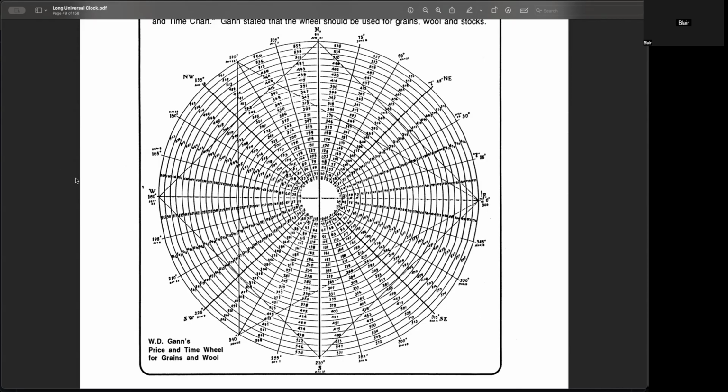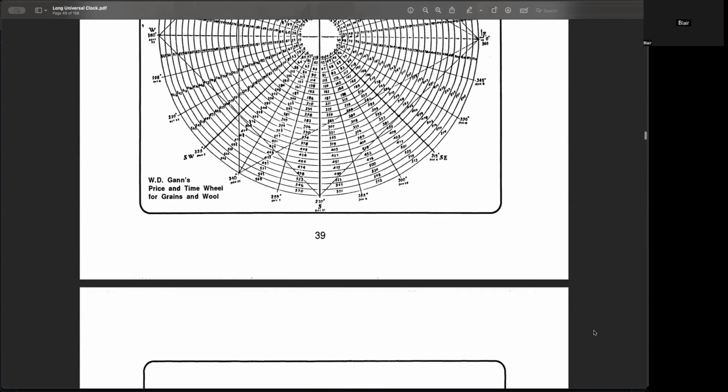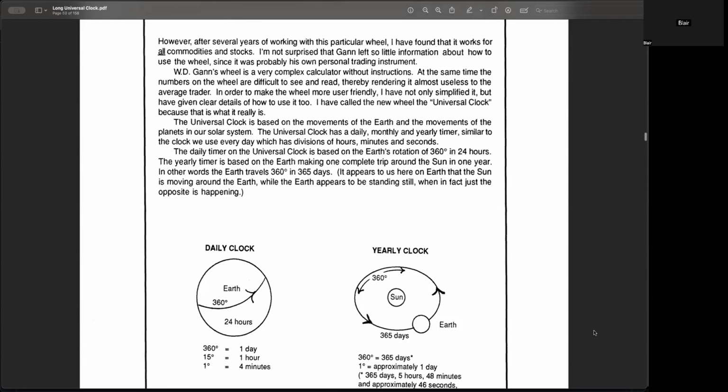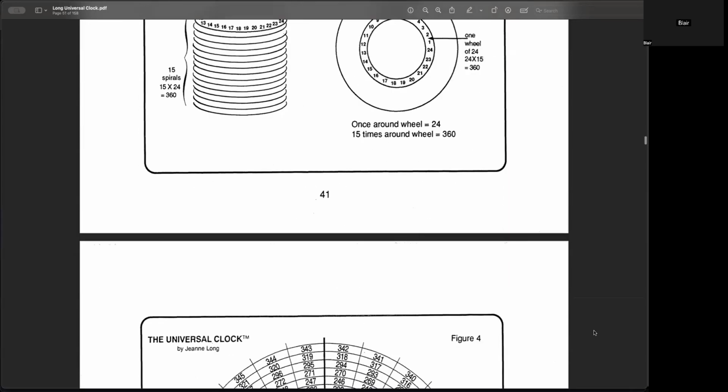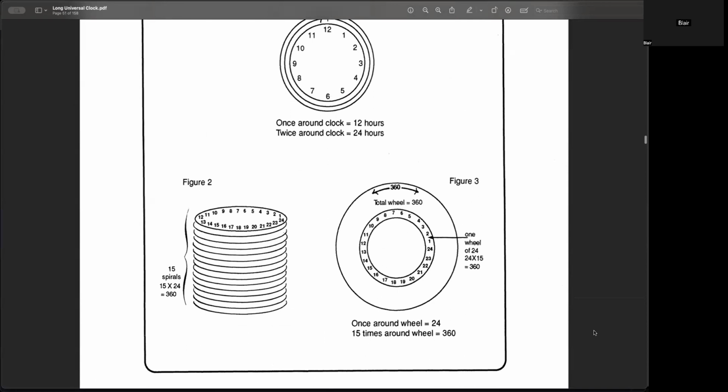So this is a screenshot of Gann's original price and time wheel for grains and wool. And it's very difficult to read, as is most of Gann's original screenshots from his original documents. So the very nice thing about this PDF is it explains in detail this wheel and the concept behind this wheel.